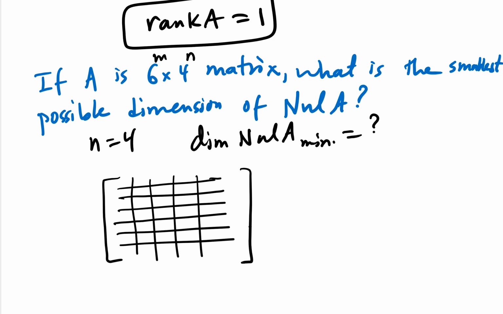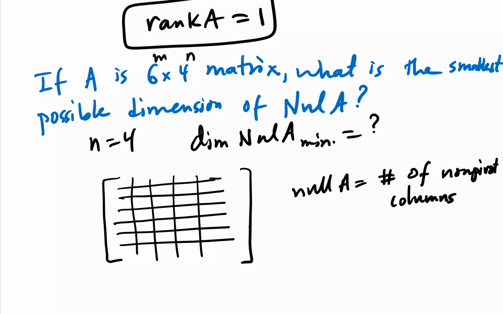So what is the null space? The dimension of the null space of A is the number of non-pivot columns of A. How many pivot columns, if possible, can we have? Well, just think about it this way. This could be a pivot, this could be a pivot, this could be a pivot, this could be a pivot.